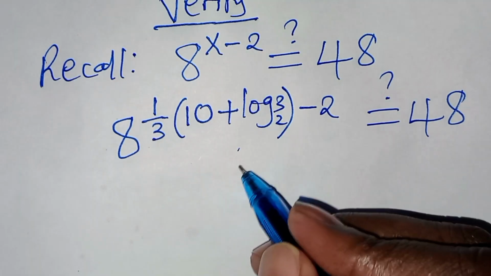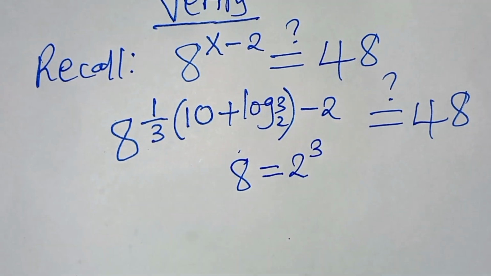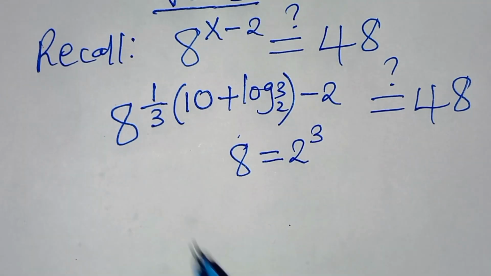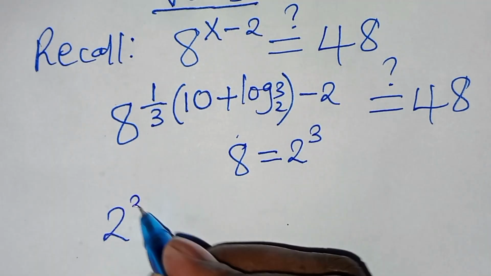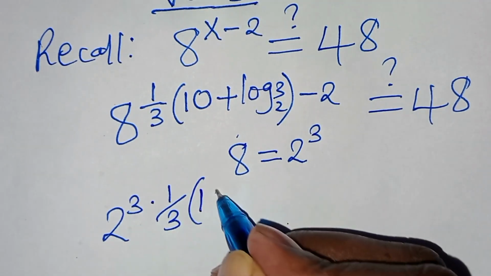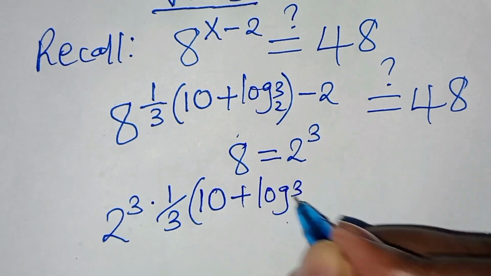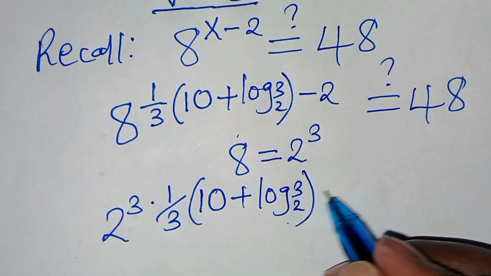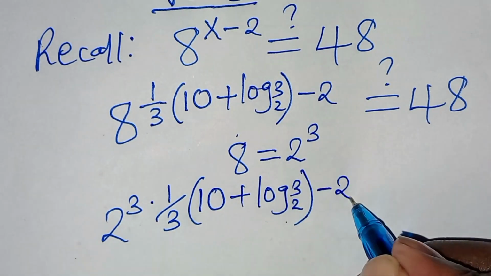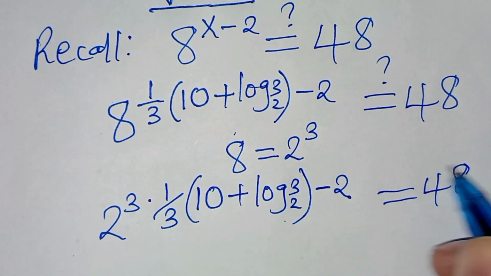Now the next step here, we can express 8 as 2 to power 3. Let's substitute this. So we have 2 to power 3 times 1 over 3 into the parentheses 10 plus log 3 to base 2, close the bracket, then subtract 2. This is supposed to give us a value of 48.